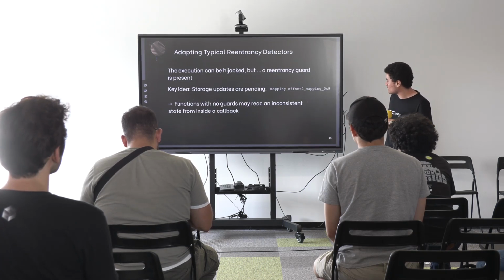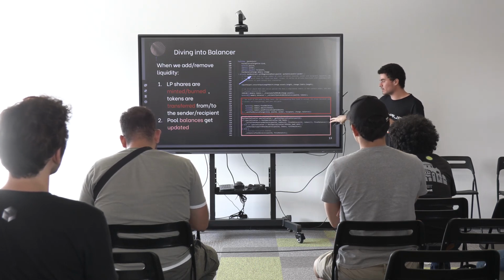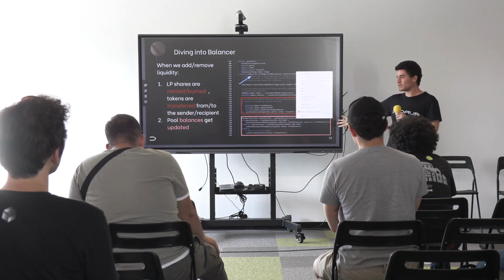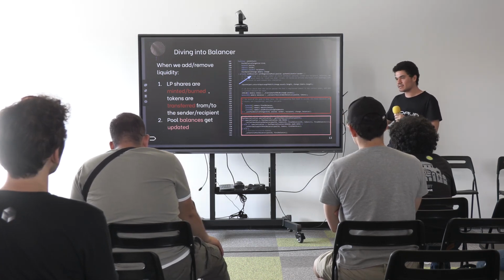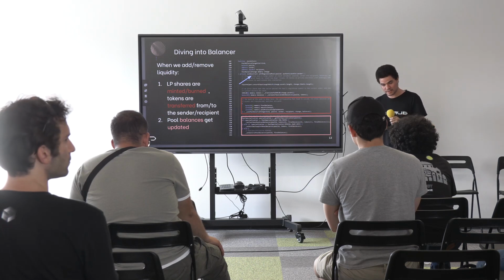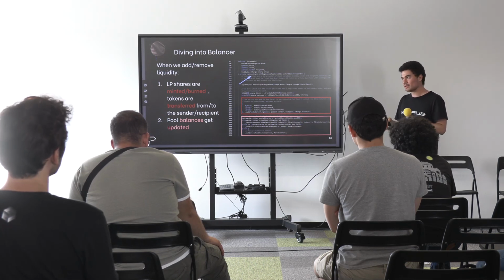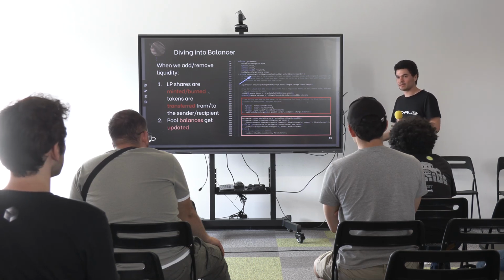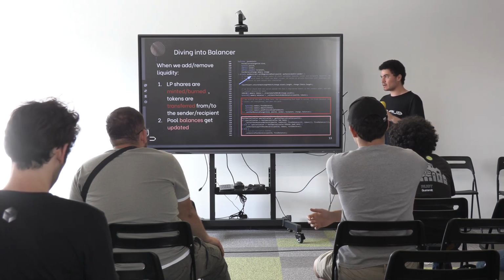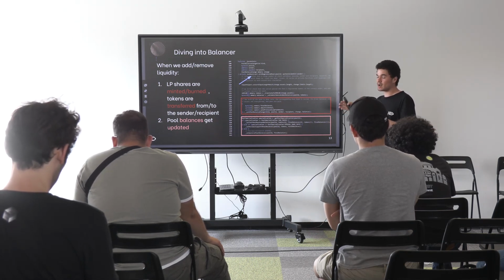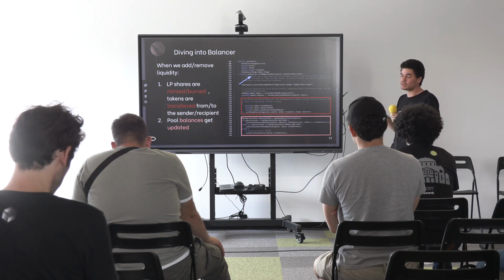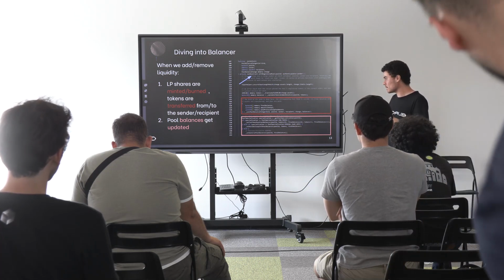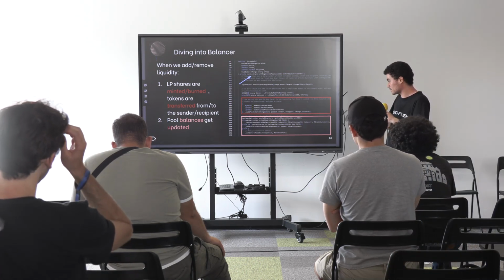If we take a look at the view-only reentrancy of Balancer, the storage location that we care about, the pending update, is the one that stores the balances of the pools. So essentially, this is a really important storage location. If there was a way to filter out which locations are actually important, then we could argue about those and implement a detector with hopefully a low false positive rate.